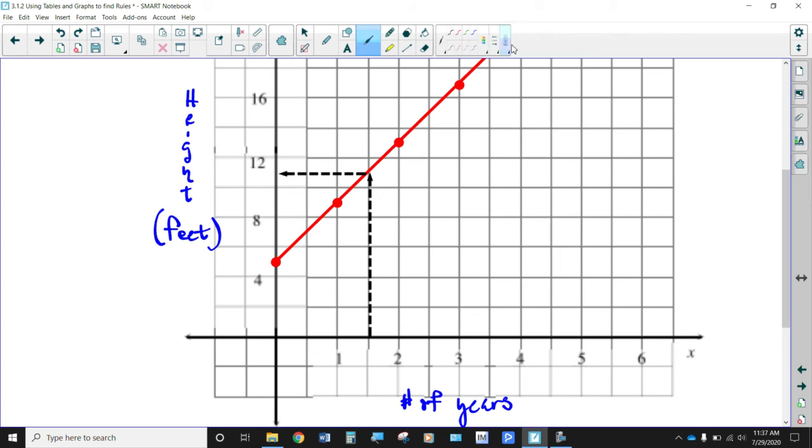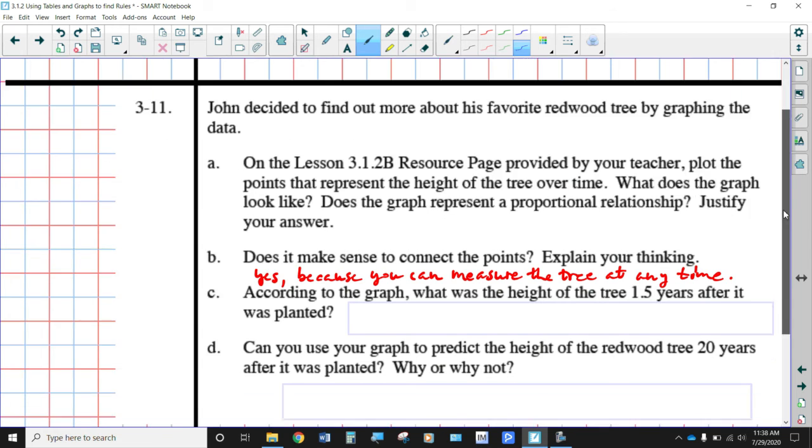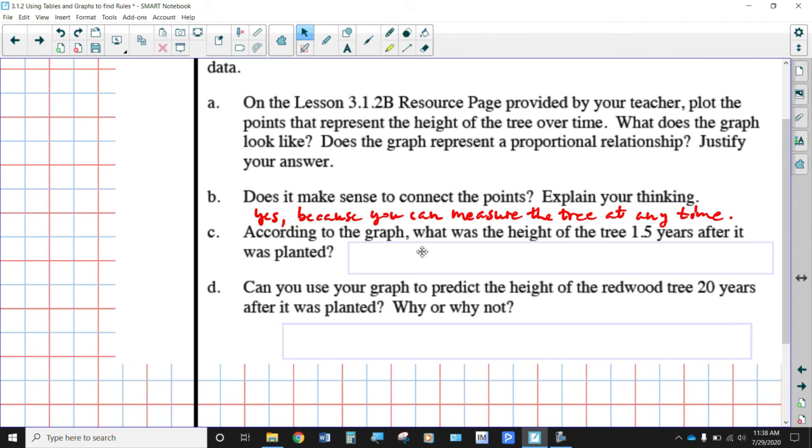So 1.5 is my value for x. What does it look like as my value for y? That would be 8, 9, 10. Looks like it's going to be 11. Based on the graph, because we put this data into the graph, we can predict that the tree would have been 11 feet tall after 1.5 years.